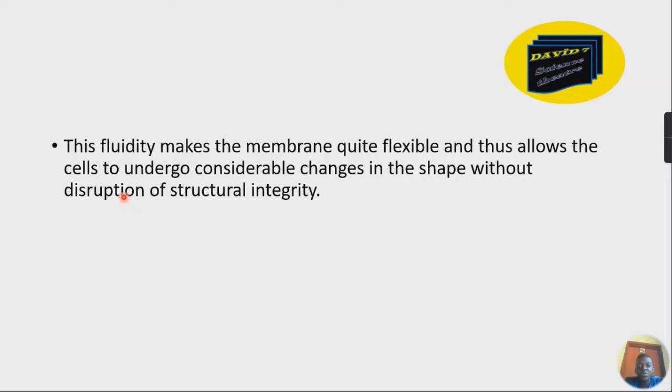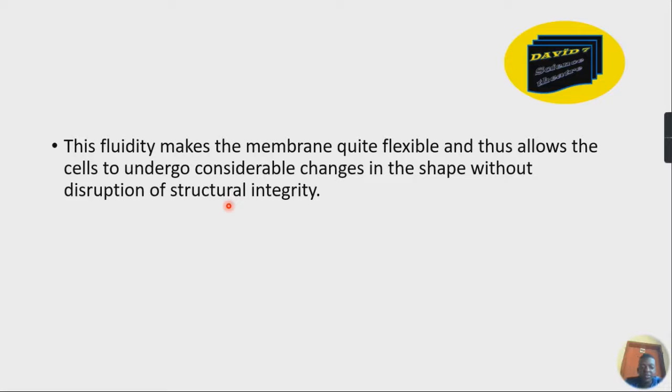Therefore, this fluidity makes the cell membrane quite flexible and thus allows cells to undergo considerable changes in shape without disruption of structural integrity. So being quite flexible is good. The cells can change shape without disruption of structural integrity.